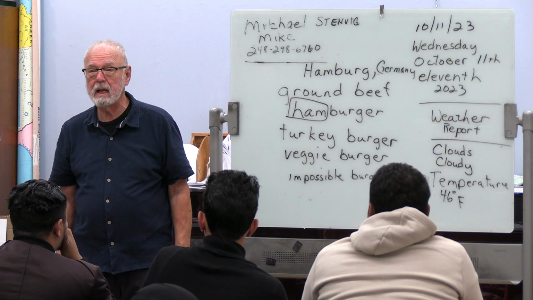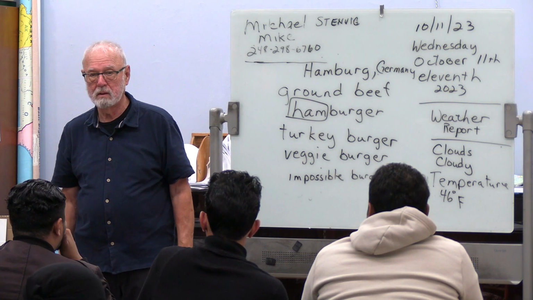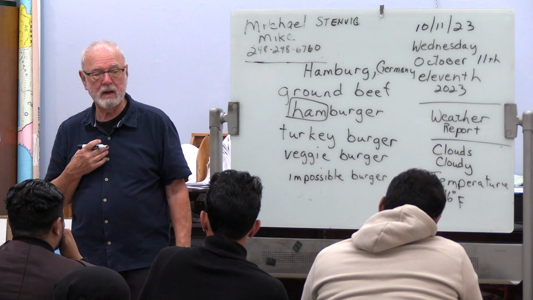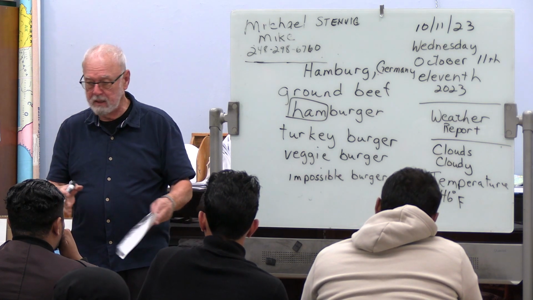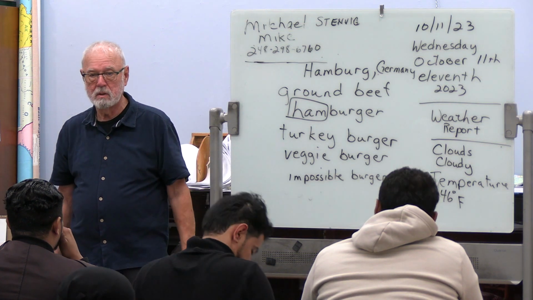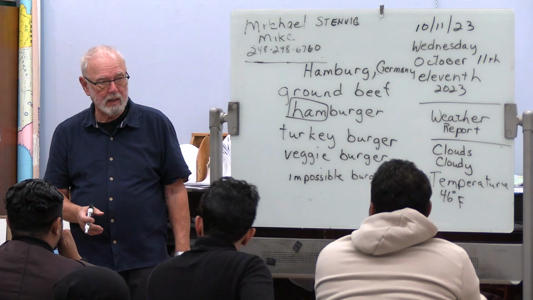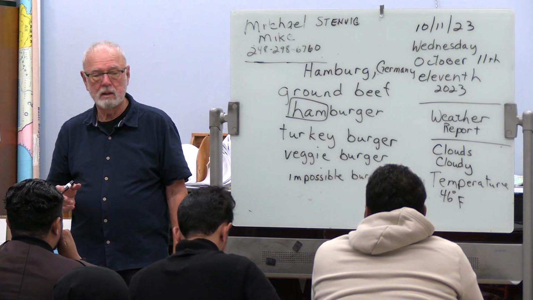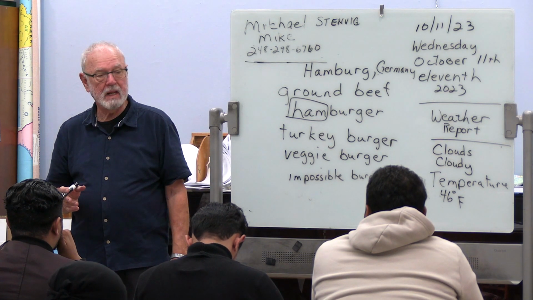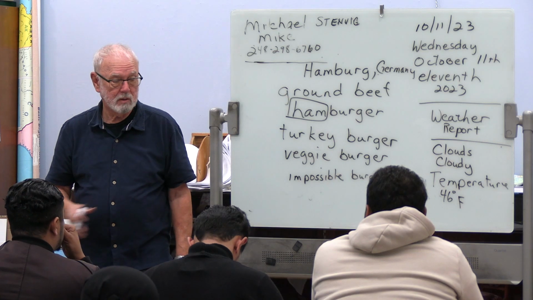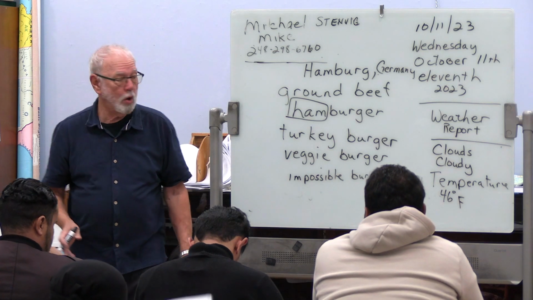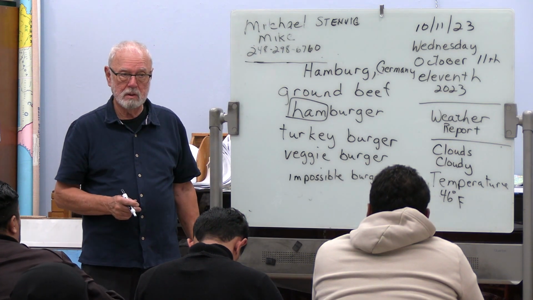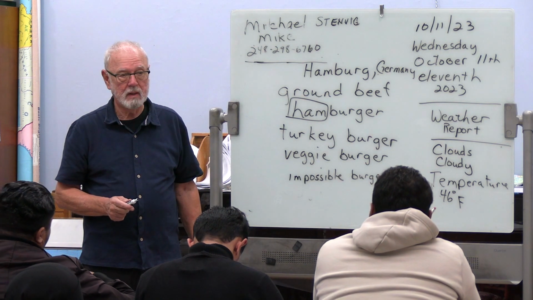It's made in a laboratory. I haven't eaten it, but my daughter has. It's made in a science room. They put proteins together, flavors. It's all vegetable. There's no meat in it, but it tastes like meat.